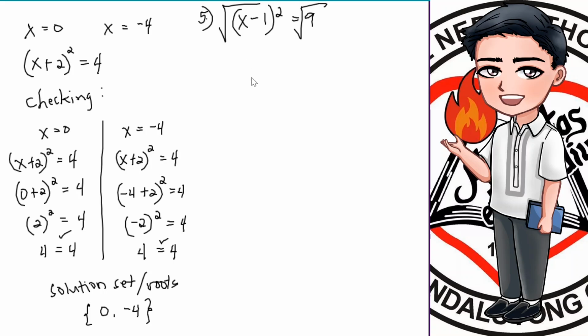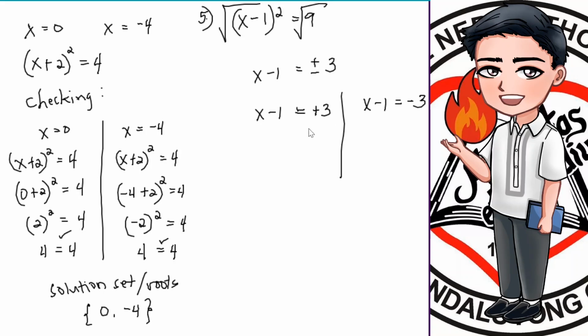So the square root of (x - 1)² is x - 1 equal to the square root of 9, which is positive and negative 3. So separating the two equations, x - 1 = 3 and x - 1 = -3.